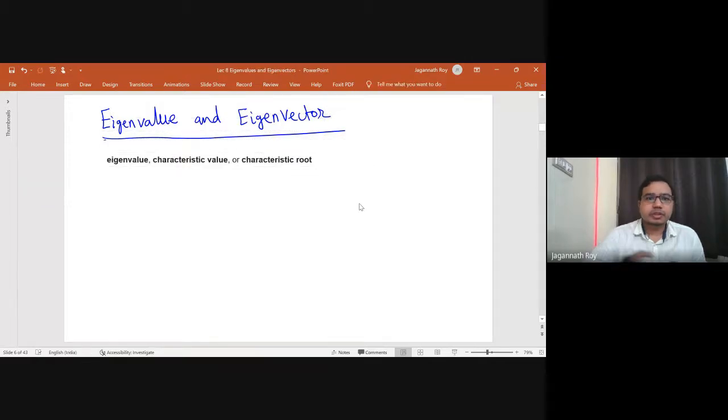Sometimes we call it eigenvalue, or it is also sometimes called characteristic value, or it will also be called characteristic root. Okay. Why such names, we'll understand after some time. So first let me tell you about the concept.